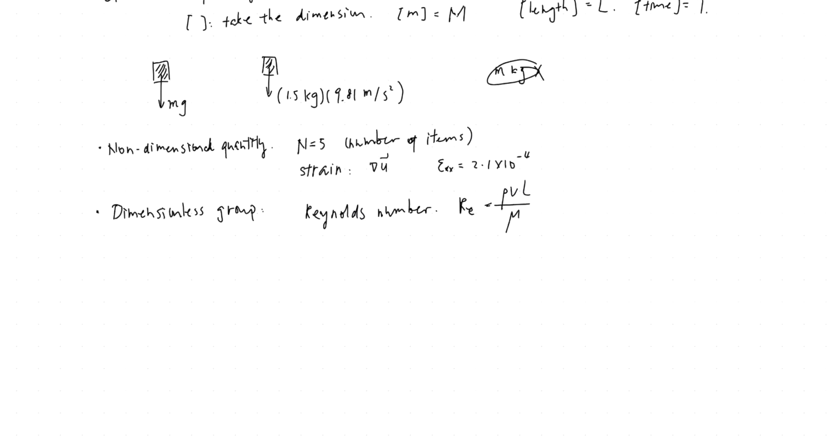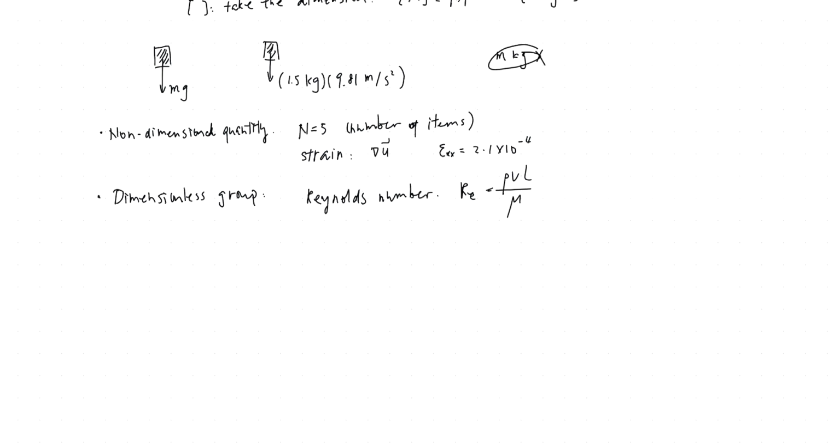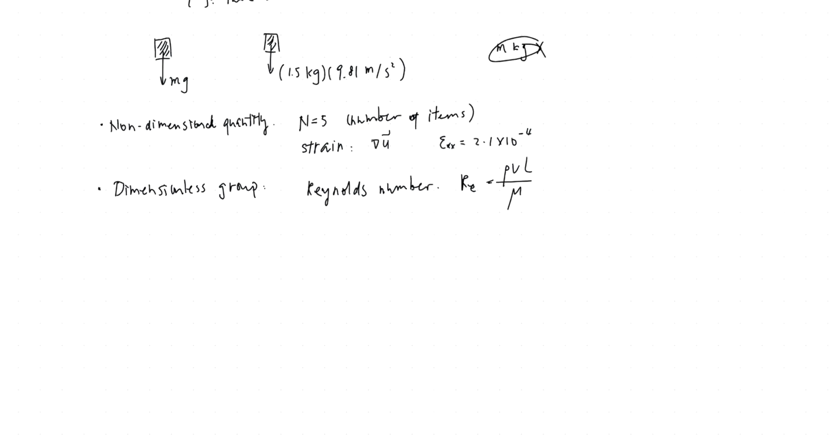Okay, now let's talk about operations on dimensions. Dimensions can be operated on. The operation means you can multiply two dimensions together, or you can square a dimension, or you can divide dimensions, make a division of dimensions.